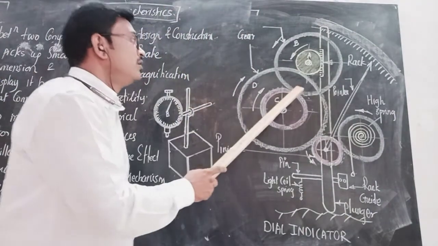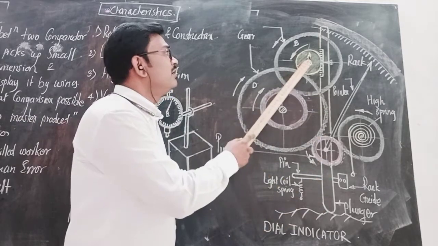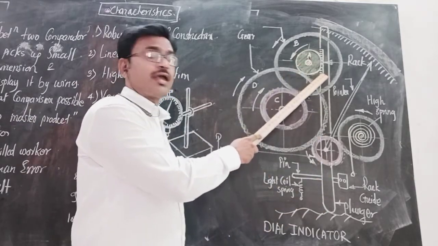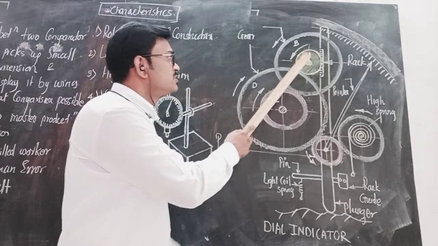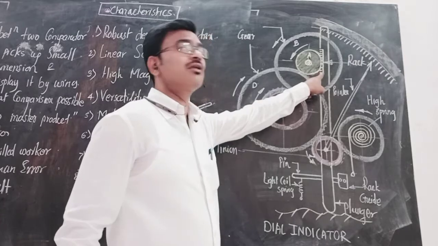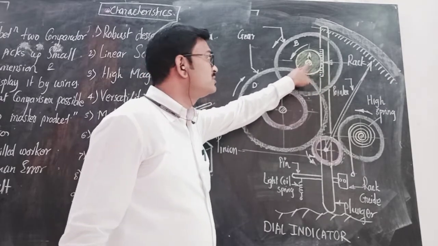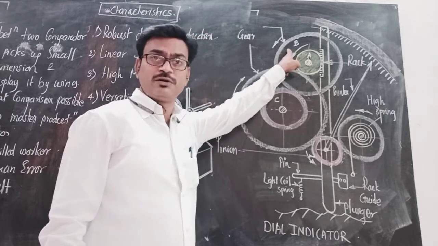This one is your plunger. At the upper end there is a rack. With this rack, a small gear A is meshed. This gear is mounted on a shaft. On the same shaft, gear B is also mounted.